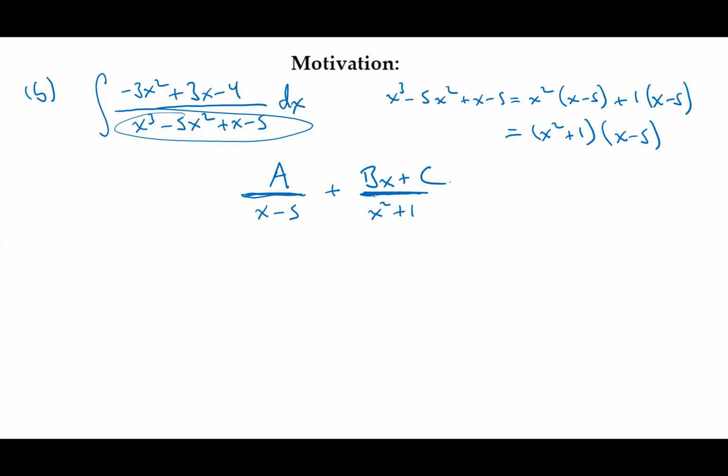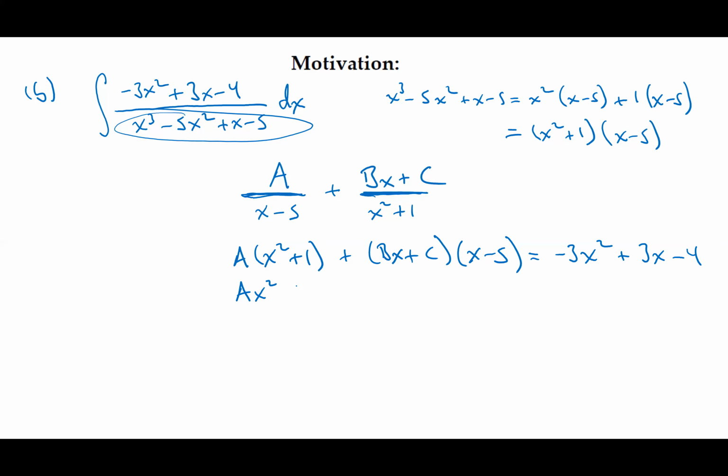And so if you think about what it would take to get a common denominator, you'd multiply x squared plus 1 times a, and bx plus c would get multiplied by x minus 5. And what you get would be this numerator, negative 3x squared plus 3x minus 4. Now, what does this do for me? I'm not going to actually finish this problem, but I want you to at least see it.